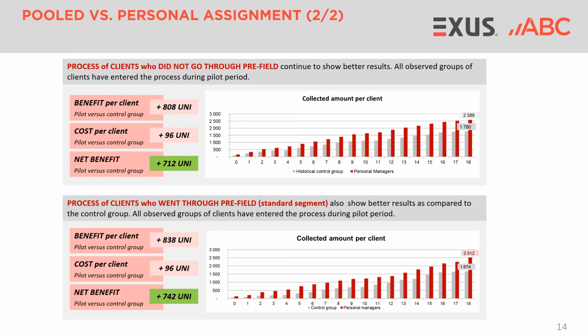And if we look at it, the benefit was 712 units. I just put a different name on it that actually worked.